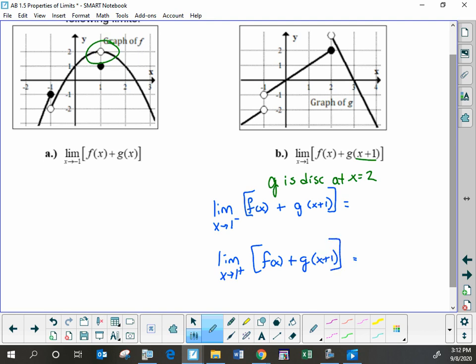All right, this f of x is pretty easy. From the left side, we're approaching a height of 2. G from the underside of 1, less than 1, plus 1 will give me something a little bit less than 2. So I'd be coming in from this way, and that appears that we have a 2.